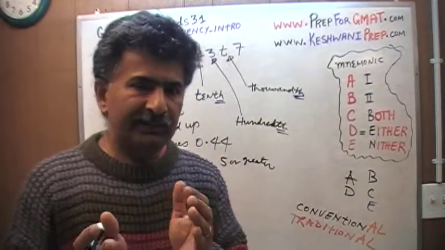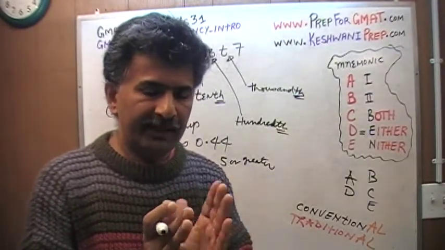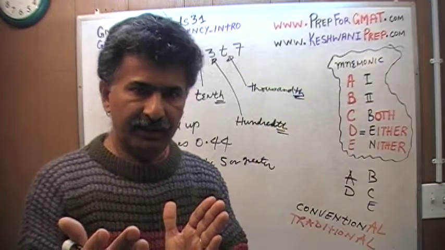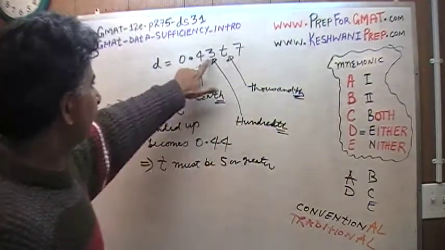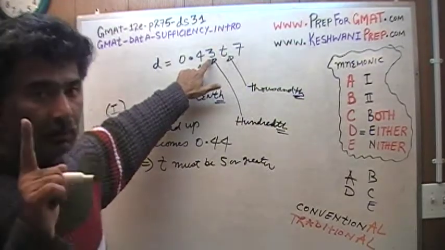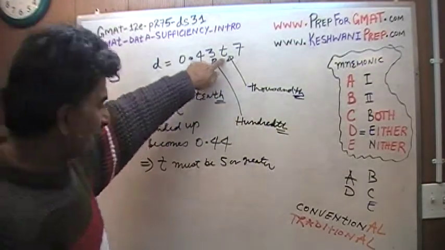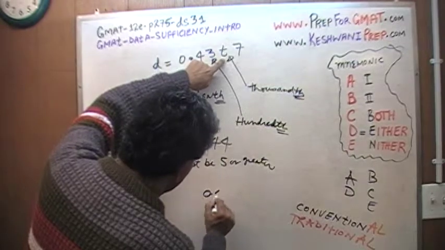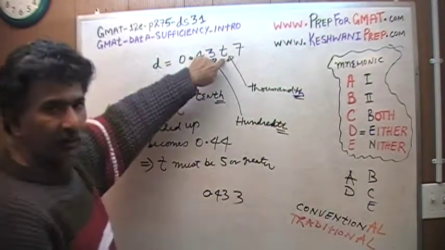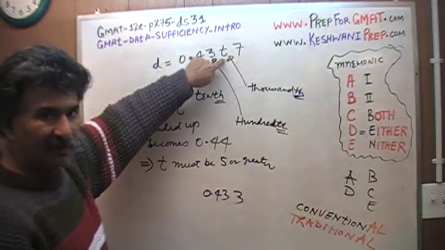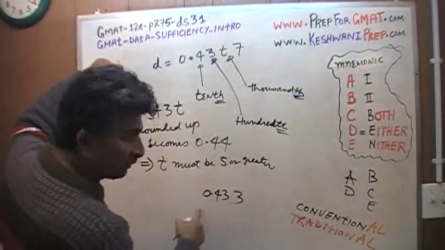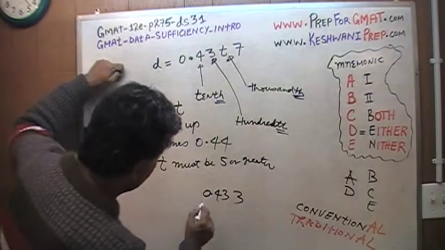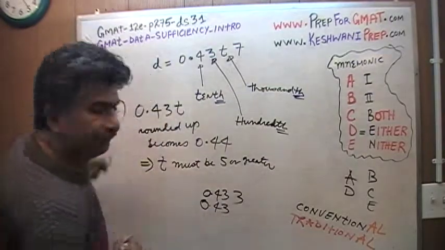So the convention, the tradition, the way to do the thing in mathematics is that if you're rounding something up, and the digit following is 5 or more, then when you round up, this 3 becomes 4. On the other hand, if it were 0.433, and you tell me to round this to the nearest 100th digit, it will just remain 0.43.